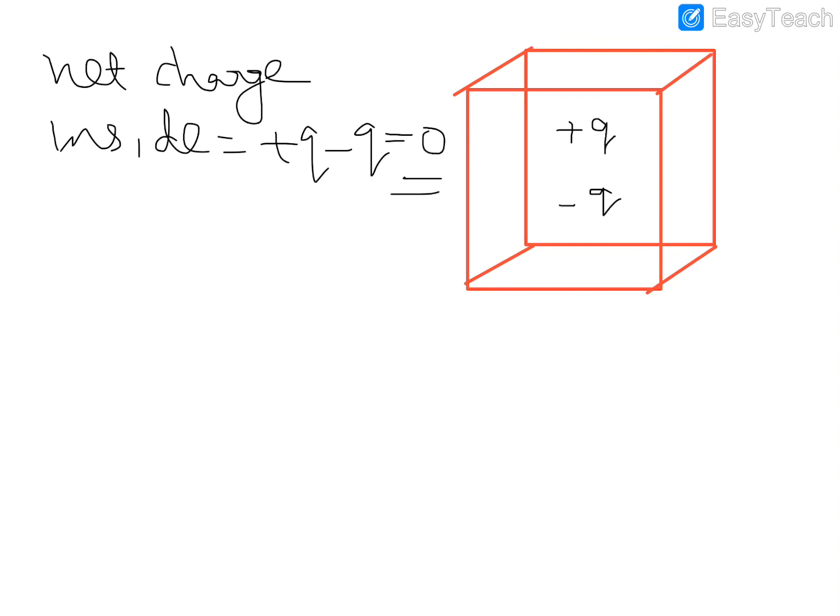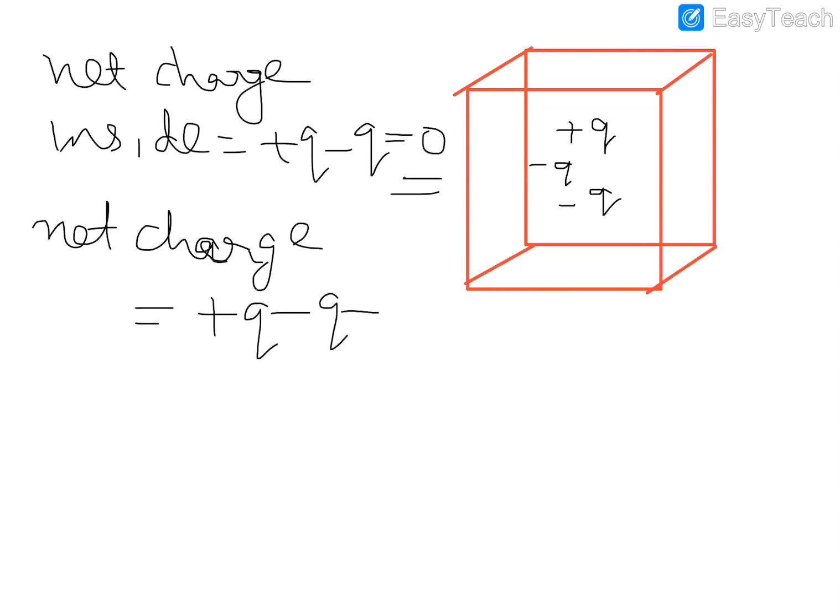If there is one more charge, minus q, inside, then the net charge is plus q minus q minus q, that will be minus q. So there is a net charge of minus q inside the cube.